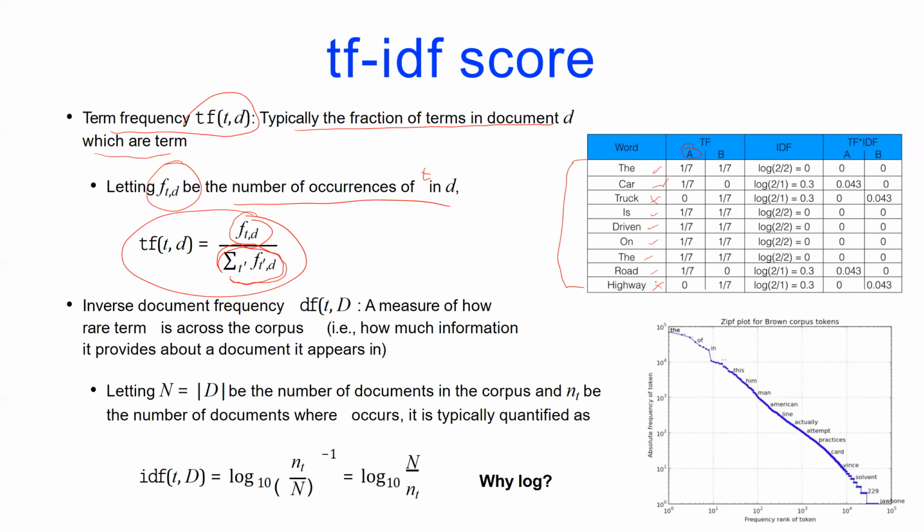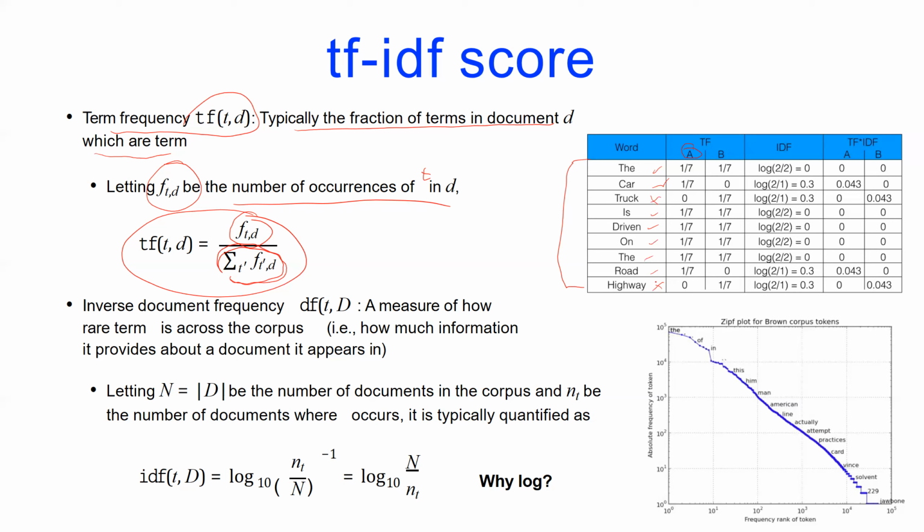In total, if you count, I have 7 words. Each of them appeared, very boringly, once. So each term will have 1/7 term frequency for document A. Very simple, right? Just counting the frequency for that particular term.